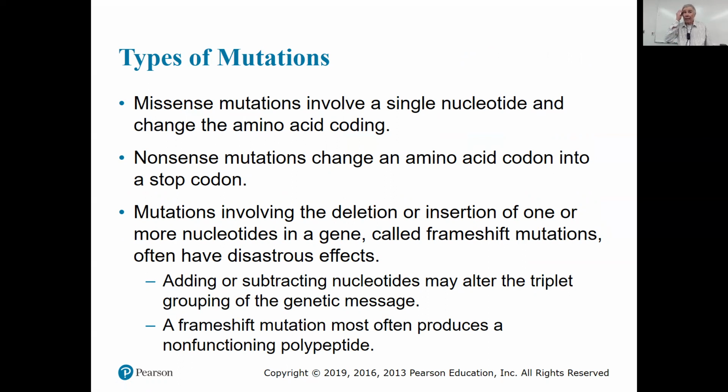In this case, a point mutation can affect a lot of nucleotides because you can prematurely end a protein. A protein is supposed to be 100 amino acids long.